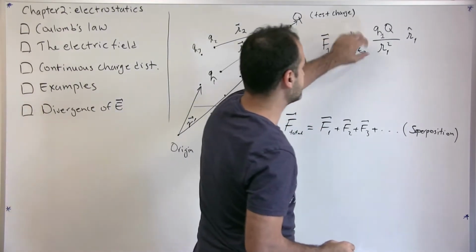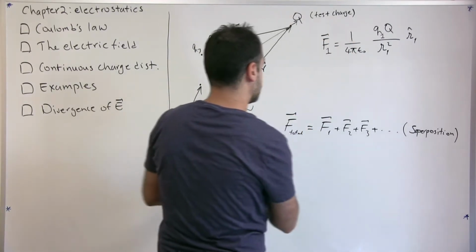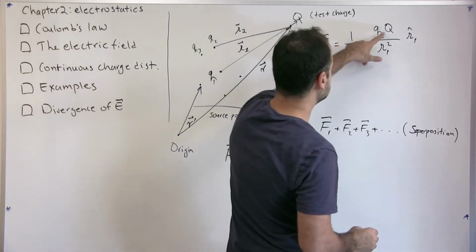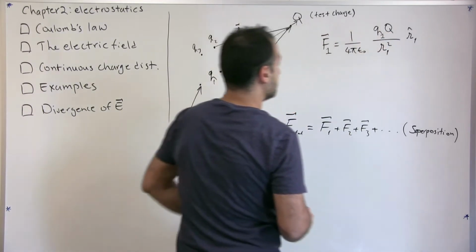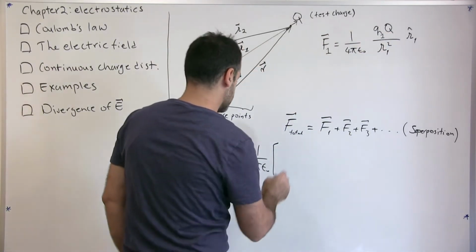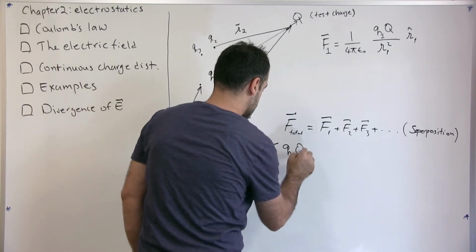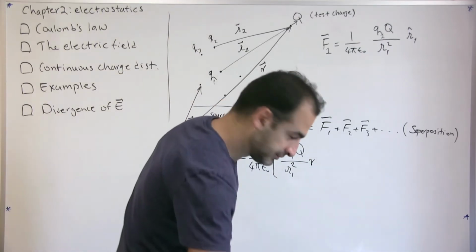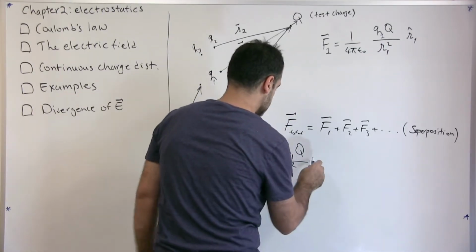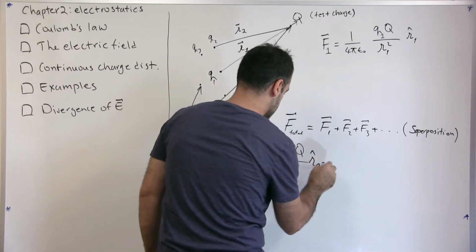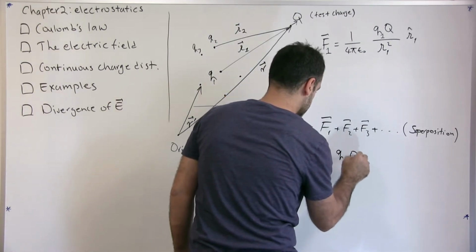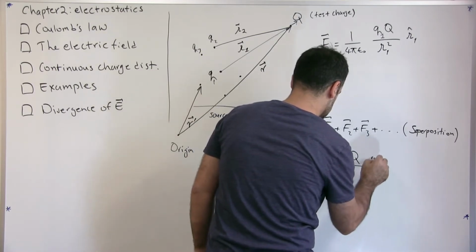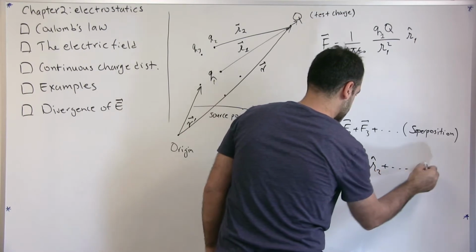All right, so if I want to write F total in terms of this equation, this is a constant, 1 over 4 pi epsilon 0, I take that away. And then for each term we have Q times test charge divided by a separation vector to the power of 2. So I get Q1 Q over R1 squared times R1 hat plus Q2 Q divided by R2 squared, R2 hat, and so on.